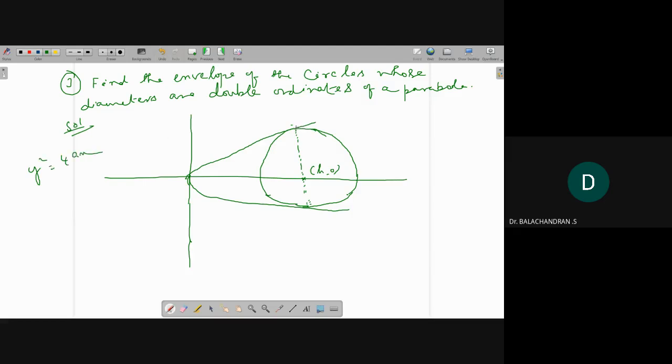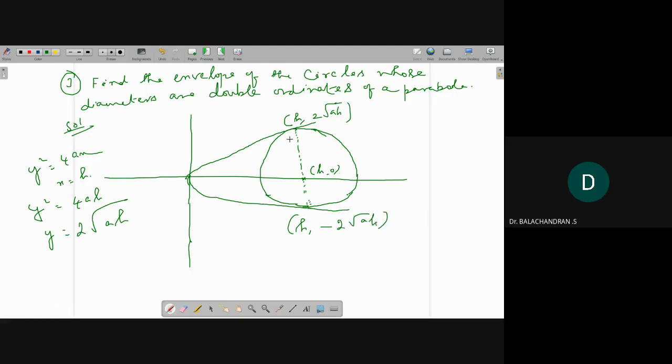Now here x is h, and hence y square equal to 4ah. So y equal to 2 into root of ah. So this point is h comma 2 root ah, and this point is h comma minus 2 root ah.